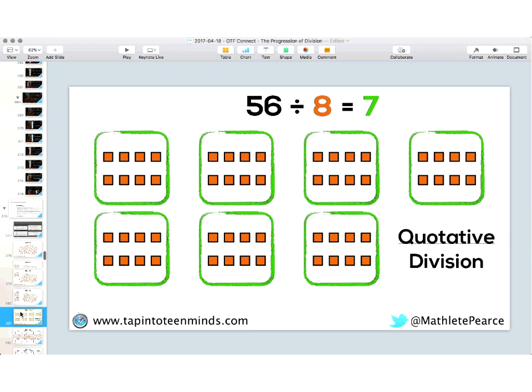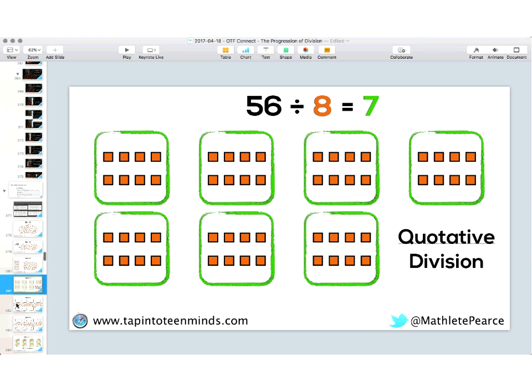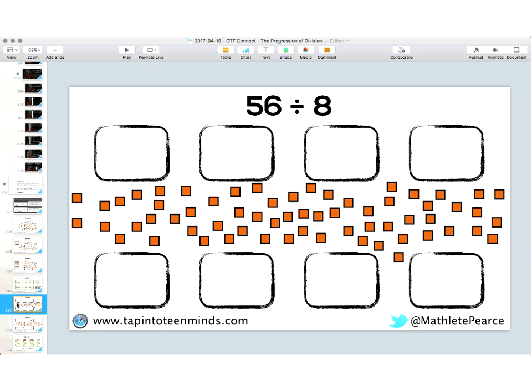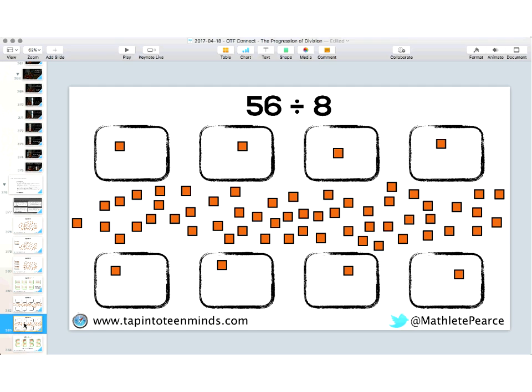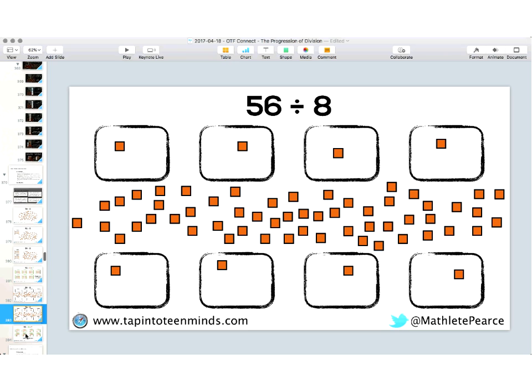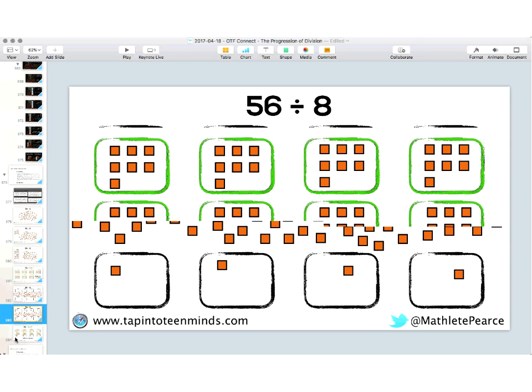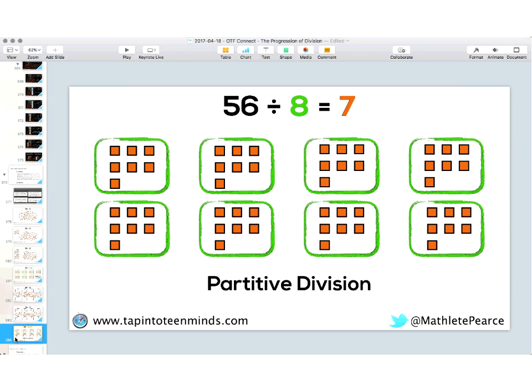So if that's the strategy the student's always using, then they haven't really been exposed enough to partitive division, where partitive division would look like coming out with 8 groups. They might not necessarily draw out the 8 groups, but ultimately they would have to start fair sharing, either one at a time or maybe 2 at a time, or however they choose to fair share, and what you're going to find is the exact opposite.